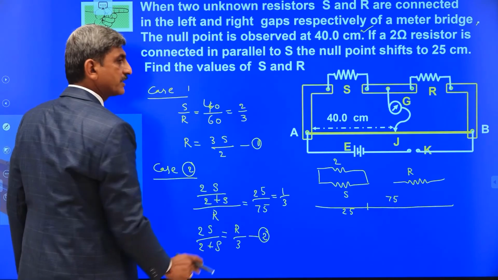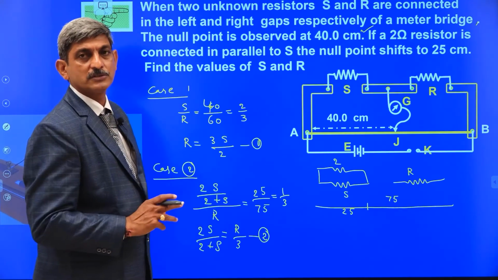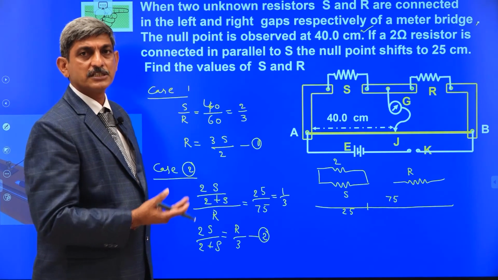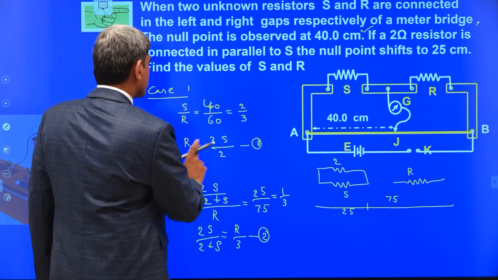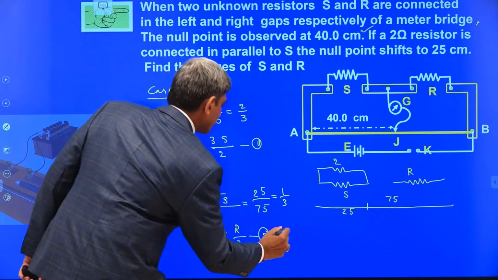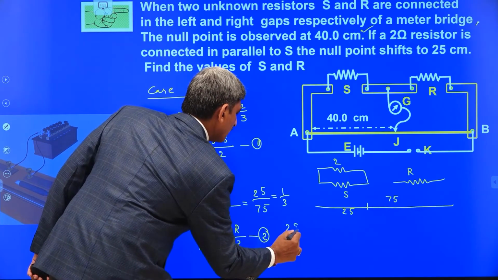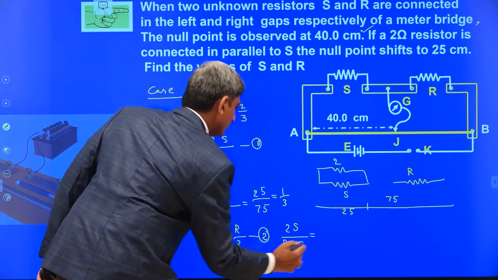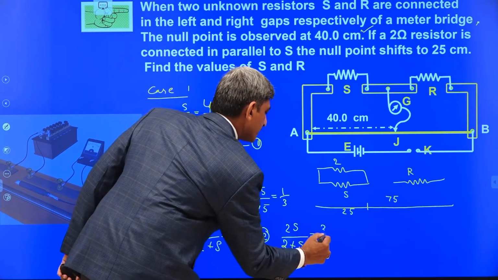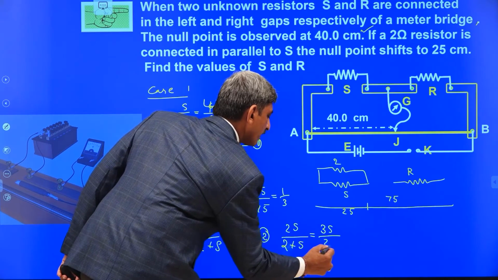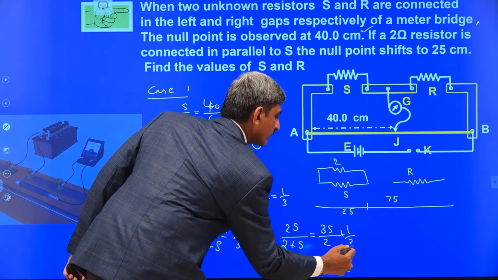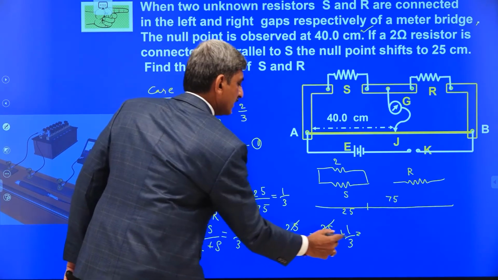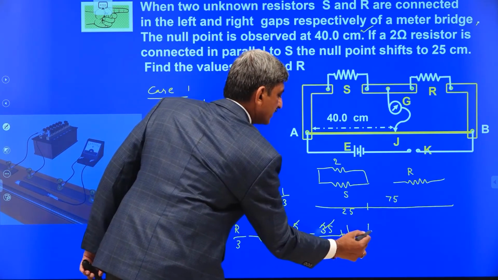So there are two equations and there are two unknowns. Solve the two equations, you will get the two unknown values of the resistors in the problem. Now by substituting R is equal to 3S by 2 in this equation, we have 2S by 2 plus S is equal to 3S by 2 into 1 by 3. Here S cancels, 3 cancels, this is 1 by 2.